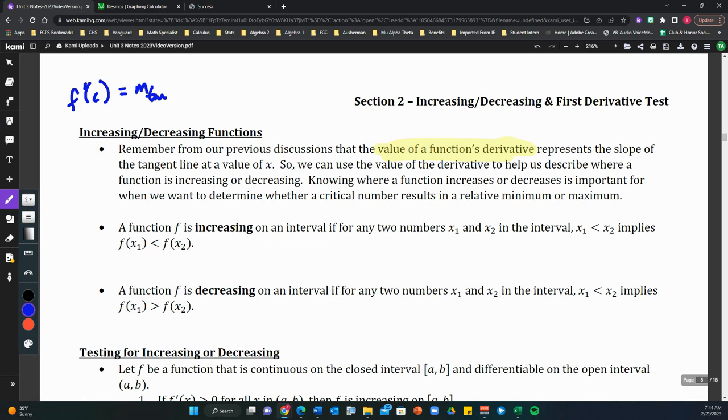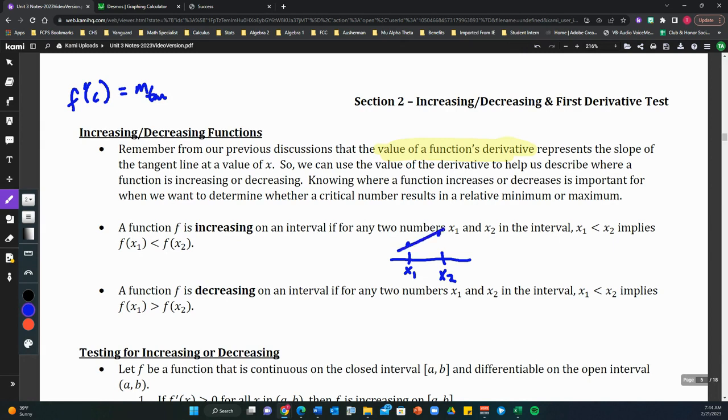So, formal definition: a function f is increasing on an interval if for any two numbers x1 and x2 in the interval, if x1 is smaller than x2, so thinking about a number line, that just means from left to right, x1 occurs before x2, then it implies that the y value at x1 is less than the y value at x2.